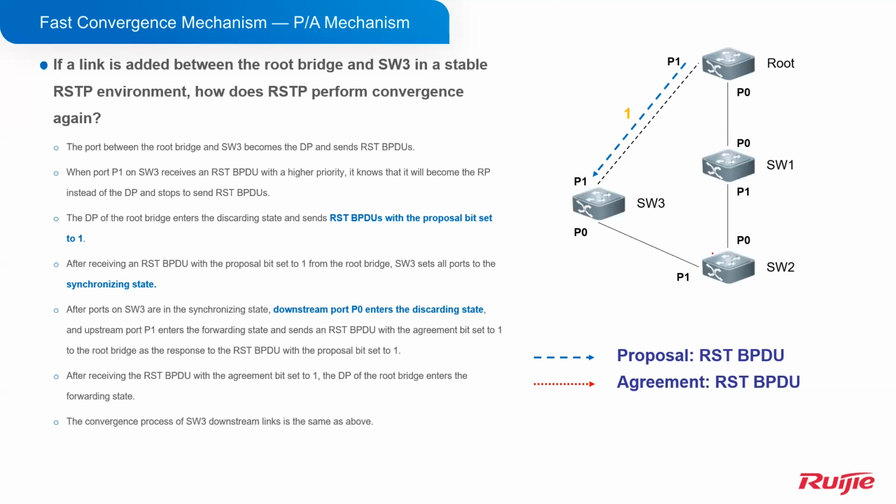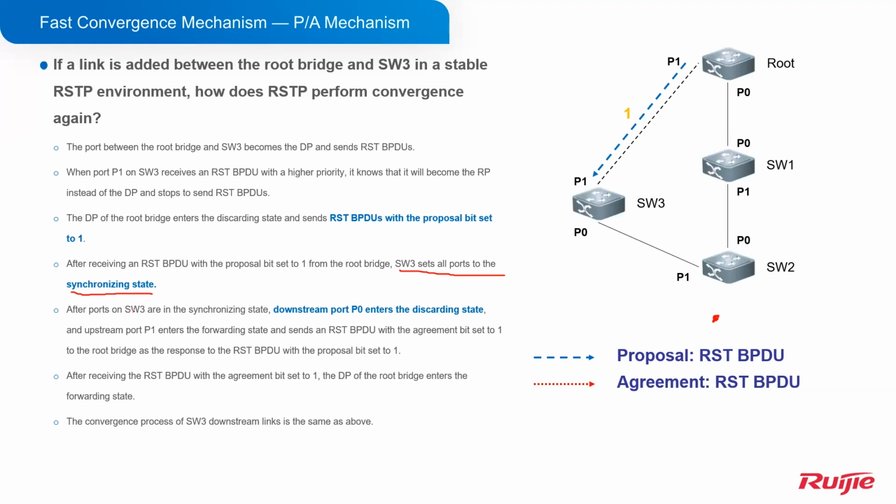And after receiving an RSTP BPDU with the proposal bit set to 1 from the root bridge, SW3 sets all ports to the synchronizing state. Pay attention here. This is important. This is the function of the proposal. SW3 sets all ports to the synchronizing state.